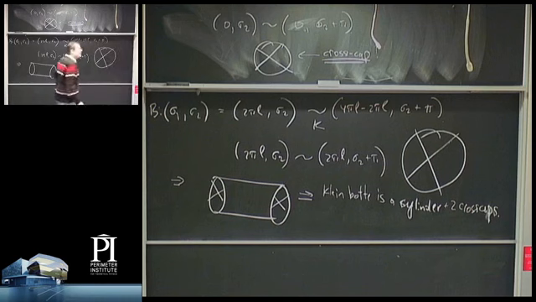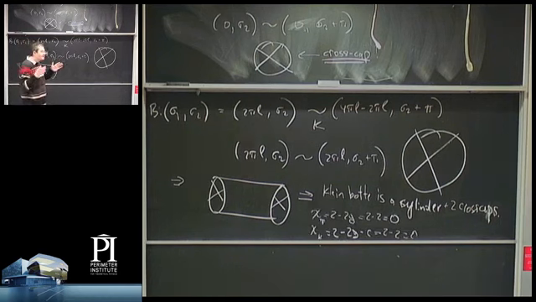Then I would make a torus if I identified those two lines, but I don't. What I do, at the end of this cylinder, is put this cross-cap. So my Klein bottle is a cylinder in which I end the cylinder with a cross-cap.